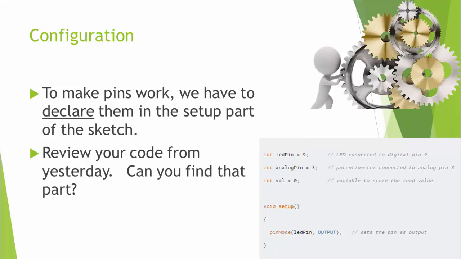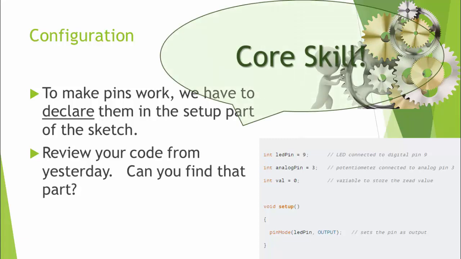Now, you have your blink sketch that you just used with your serial monitor work. Review your code from there. Can you see where you declared the pins for that? It is critical to be able to declare the pins effectively, to know which pins you're outputting at what time.